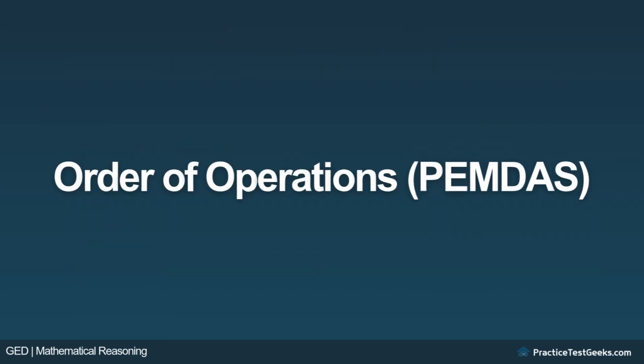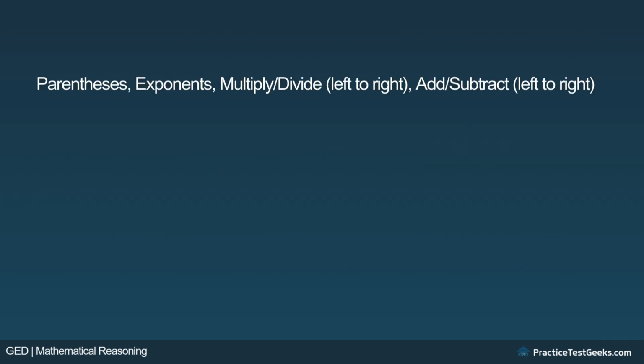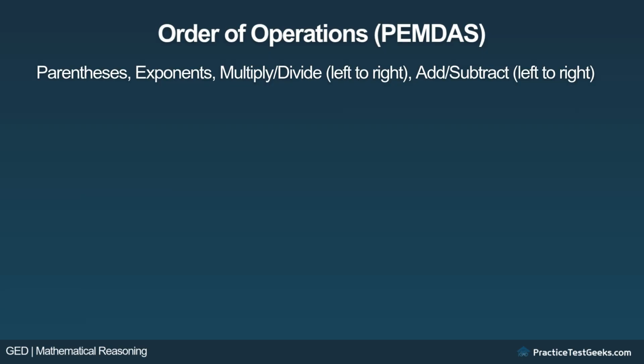To solve math expressions correctly, you must follow the order of operations, often remembered by the acronym PEMDAS: parentheses, exponents, multiplication and division from left to right, addition and subtraction from left to right.